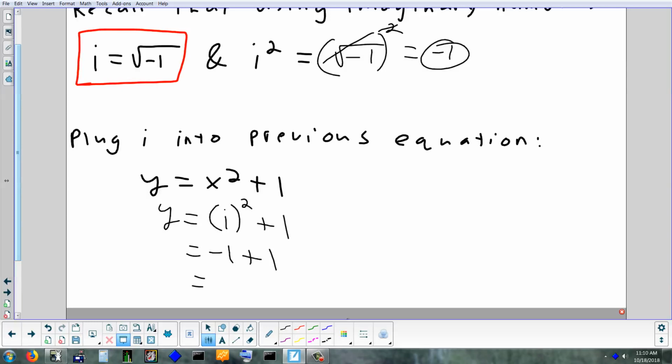And what's -1 plus 1? 0. That means that i is a root of this equation. You just found a root. You found something that you can plug in and get 0 as the answer. It's not real. It's imaginary. Any question on why when you plug in i, you get 0?